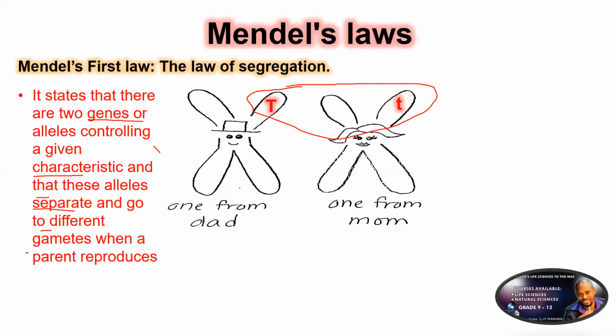Now, here Mendel is actually talking about meiosis. During meiosis, we'll see chromosomes that align themselves at the equator, and I'm talking about meiosis because meiosis is the type of cell division that leads to the formation or production of gametes.